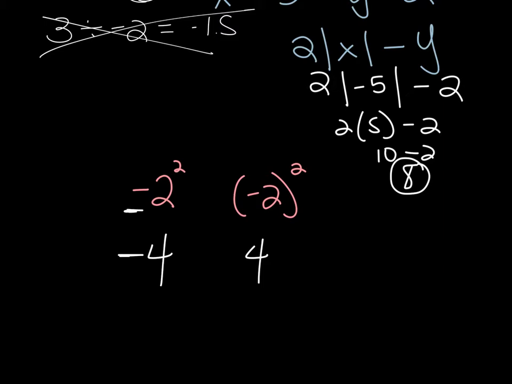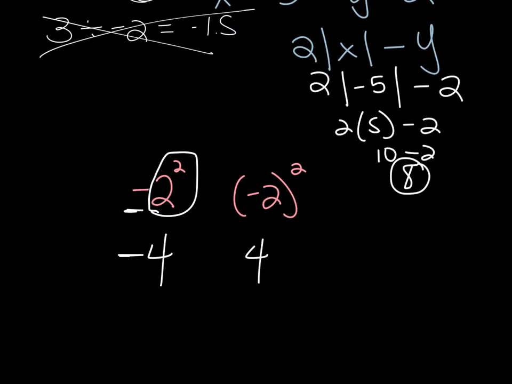This is read as the opposite of 2 squared. So the only thing that's squared there is the 2. And that's really like a -1 times 2 to the 2nd power. So you've got to do the exponent first and then take the sign. Whereas the second one, you're saying -2 is squared. So you're doing -2 times -2. So parentheses says keep it with it. No parentheses does not. We good on that? Yeah.